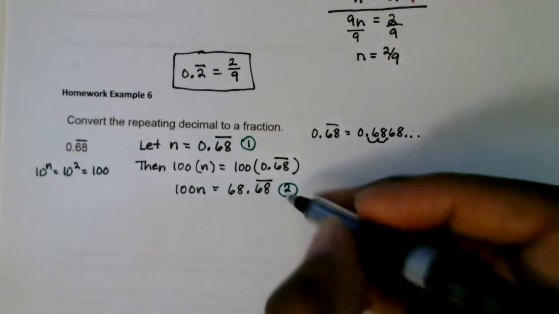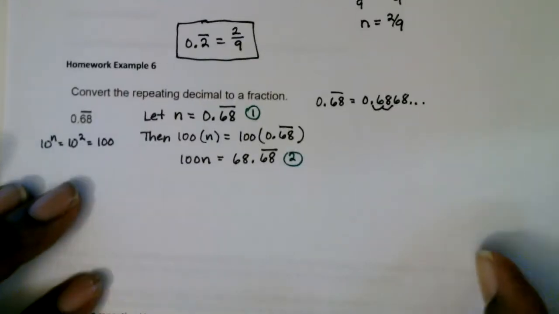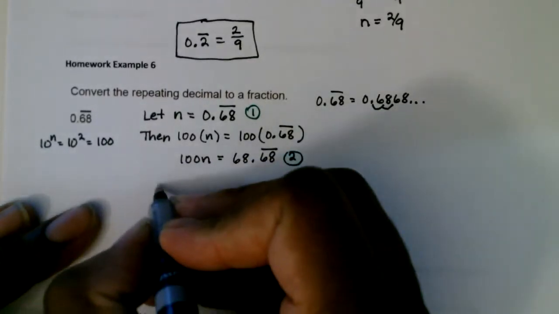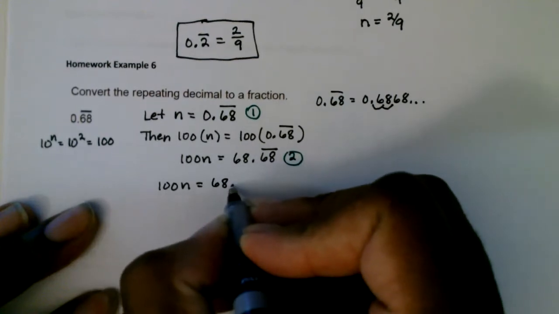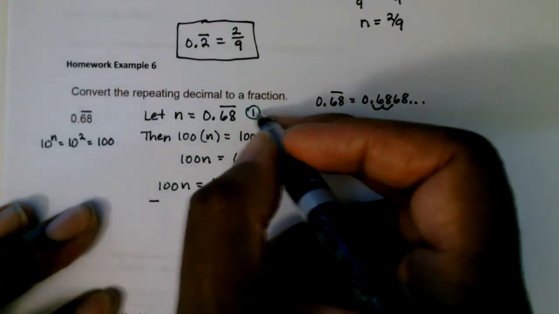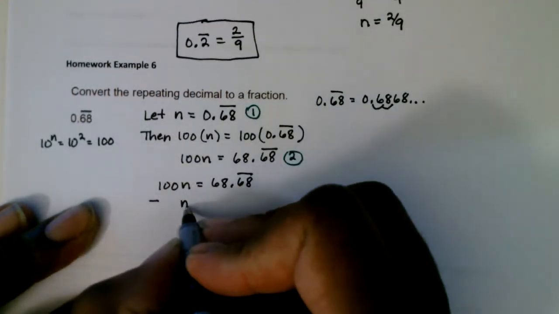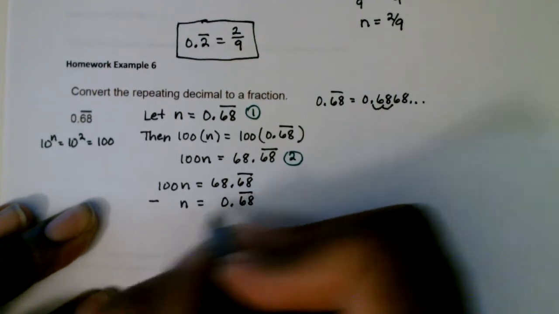So here I'm going to do equation 2 minus equation 1. This will be 100n equal to 68.68 repeating, minus equation 1, that's n, equal to 0.68 repeating.